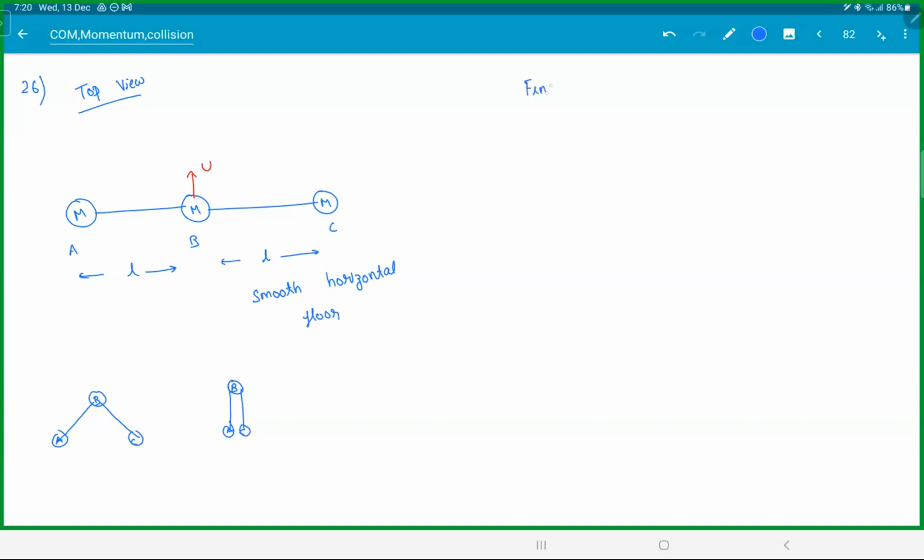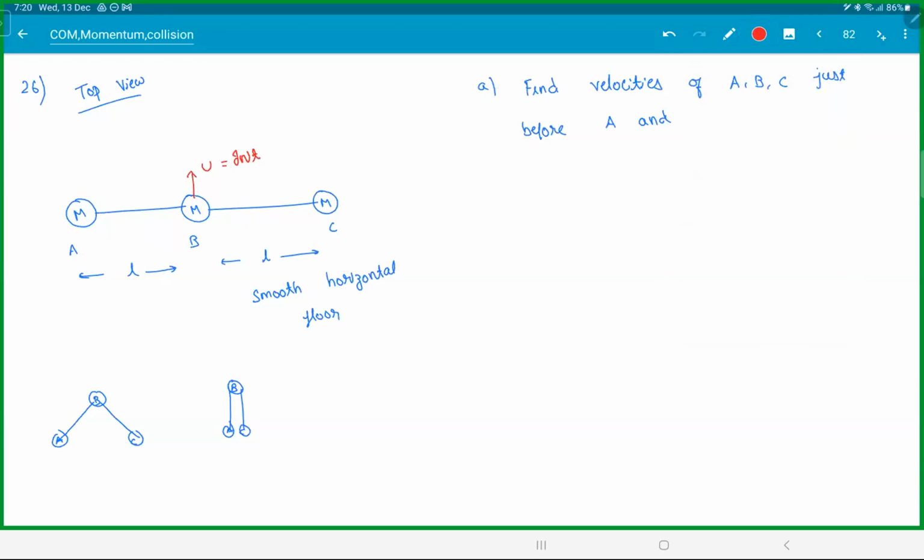So the standard question is this. Find the velocities of A, B, C just before A and C collide. B is given initial velocity U. This is not constant.